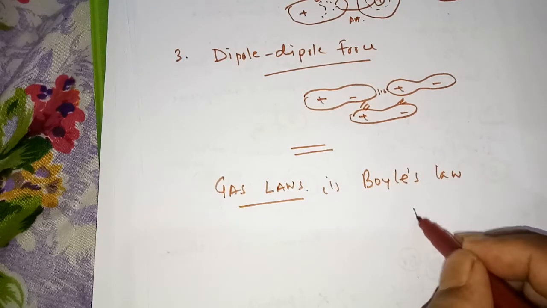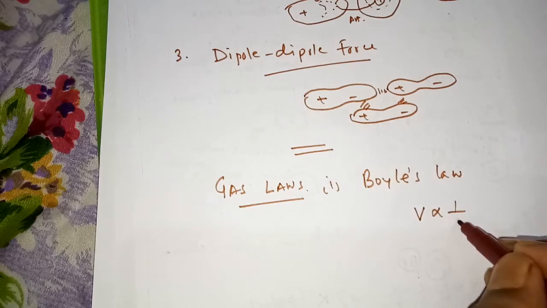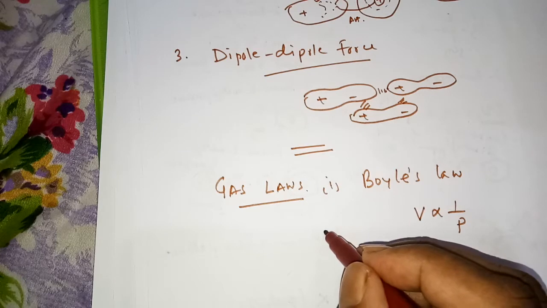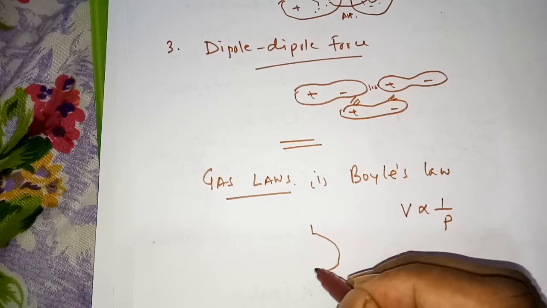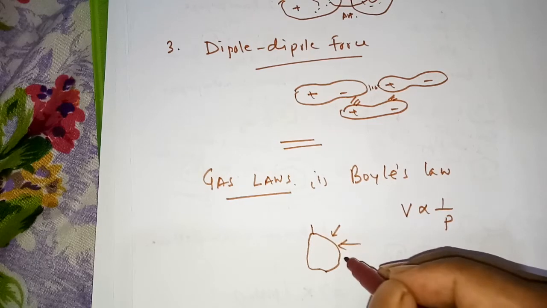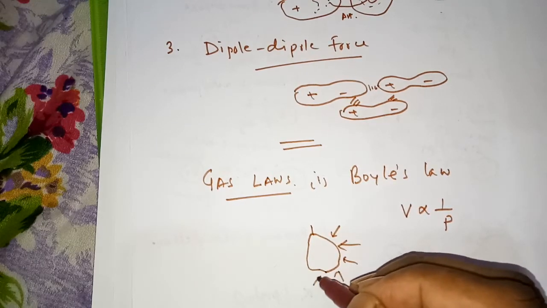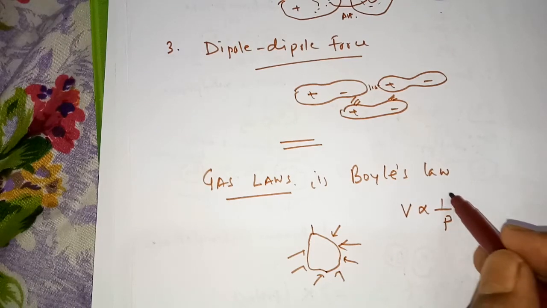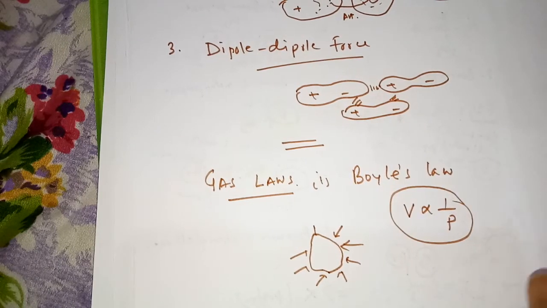In Boyle's law, your volume is inversely proportional to the pressure. For example, if you have a balloon like that, if you increase the pressure outside the balloon, the volume of the balloon decreases. The volume is inversely proportional to the pressure.